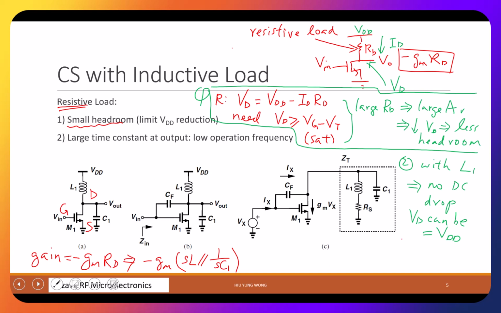What I'm talking about on this page is the benefit of replacing the resistor with an inductor. It won't work at very low frequency, but it works at high frequency because the gain is still large.